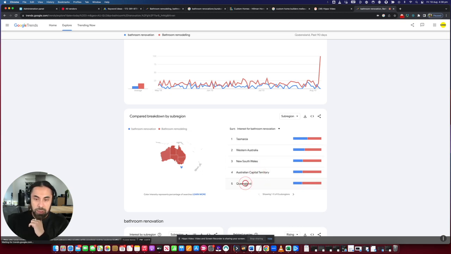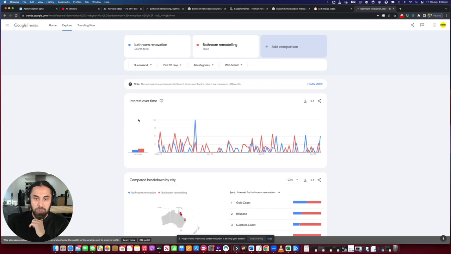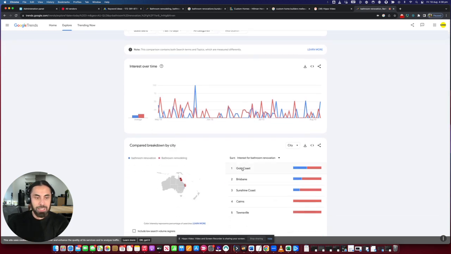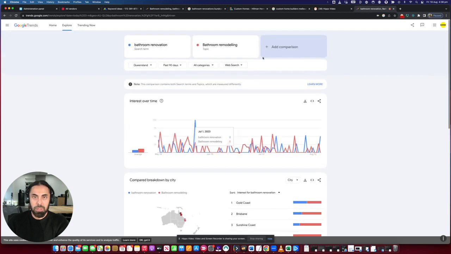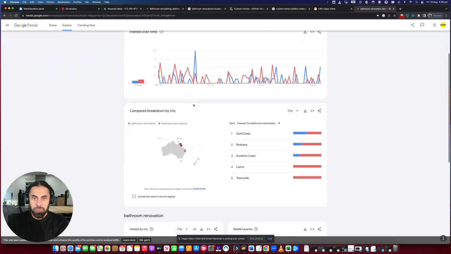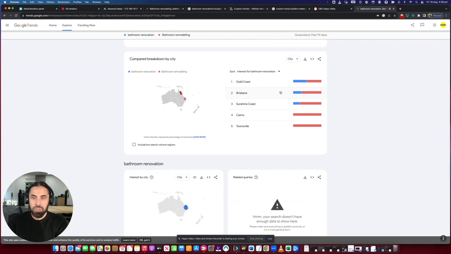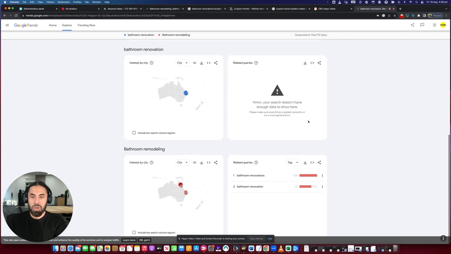But in this instance, we're going to have a look at Queensland, see what we can find. And what we can see is over in the Gold Coast, that's had the most amount of activity for bathroom renovation and remodeling. Brisbane, Sunshine Coast, Cairns, and Townsville. So you can see that Townsville has had 100% activity, but mainly for bathroom remodeling as opposed to renovation. So that's important to note as well.